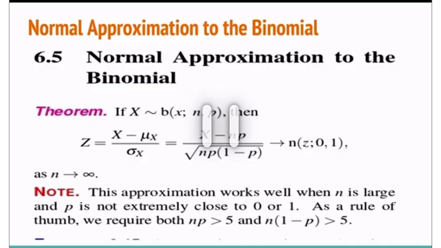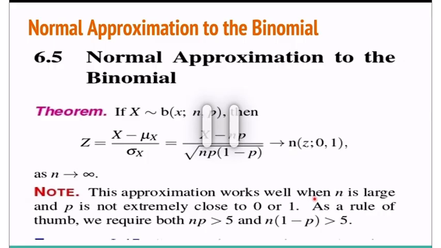Using a z-score is going to make the whole computation easy because we can make use of a table instead of going by the way of rigorous calculus. That's exactly what I mean. But what was the condition? The condition imposed is this: np has to be greater than 5, and n times 1 minus p also has to be greater than 5.